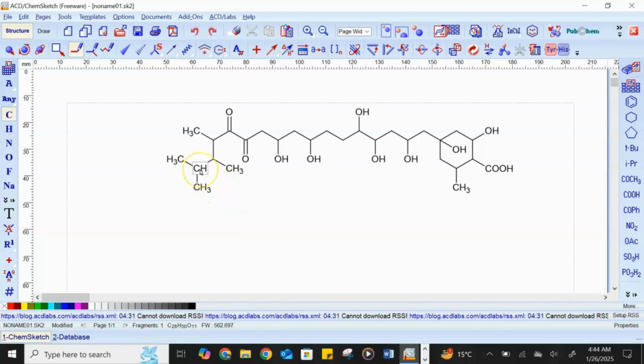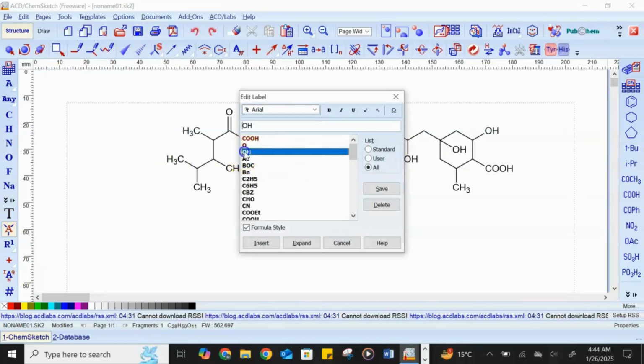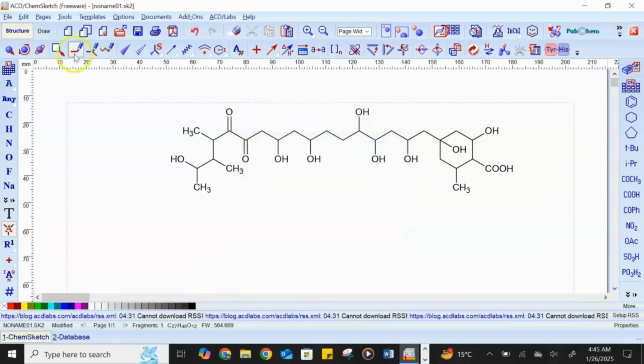While carbon 16, if you remember what I was saying earlier, is attached with an OH group, hydroxy group. So we're going to click on this OH, and we're going to click on insert. Once you're done inserting, you're going to click on draw normal again. So we're done with carbon 16.